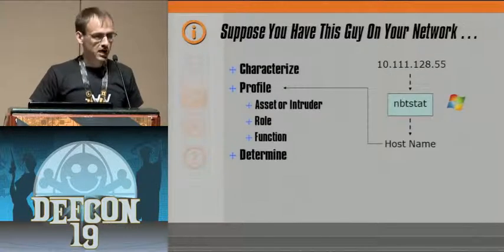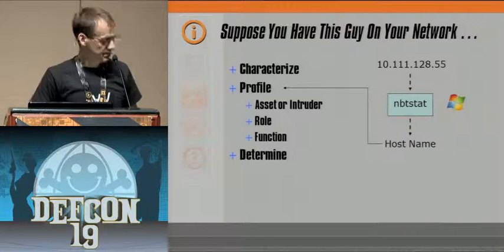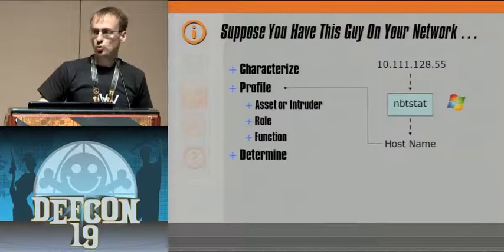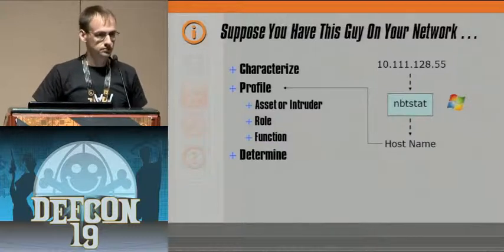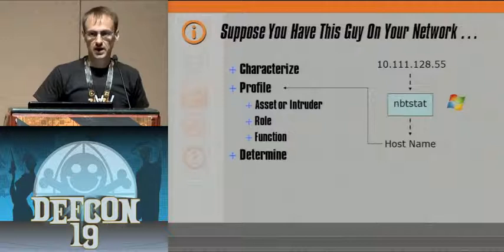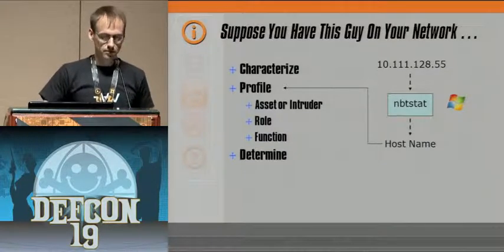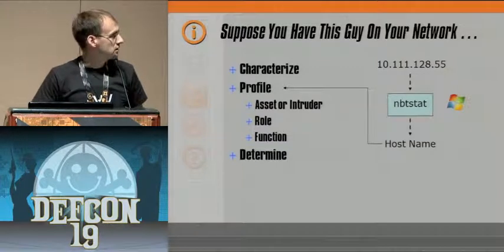As an intrusion analyst, I have a three-step process in approaching events: characterizing the activity, profiling the hosts involved, and using that to make a determination, as well as to select next steps.